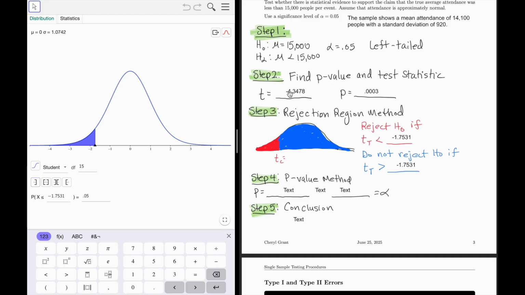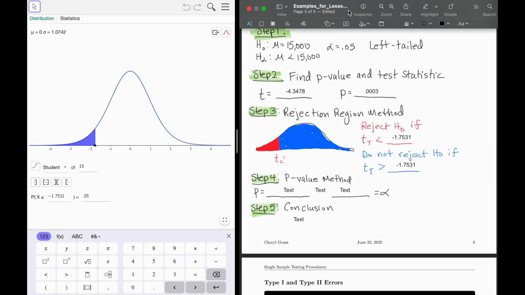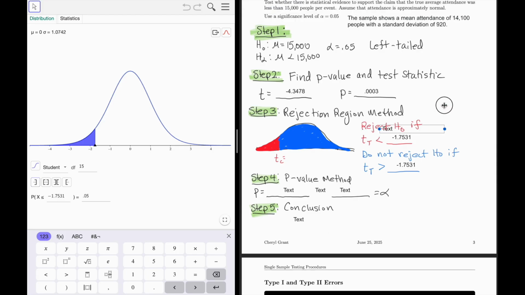Now, if we go up and look at our test statistic, we have negative 4.3478. That is definitely less than negative 1.7531. That falls in this red area. So we're going to say reject H0.